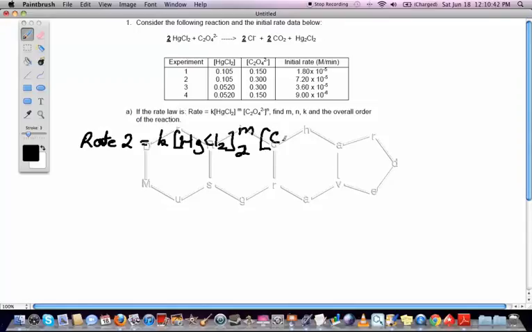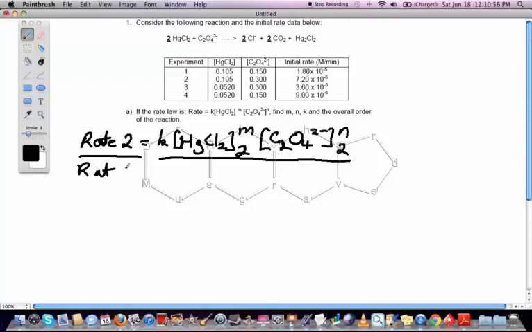And then it'll be C2O4 2- to the power of N, and again another subscript of 2 down there. And I'll put that over rate 1. See, we're comparing now rate 1 and rate 2. And you can see we're doing the same thing again. I'll use a subscript of 1.